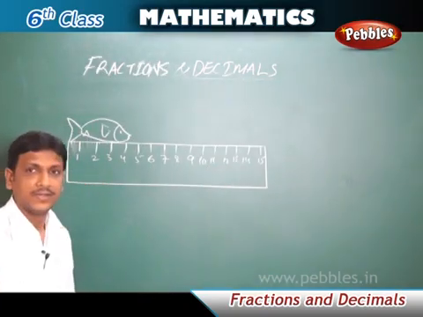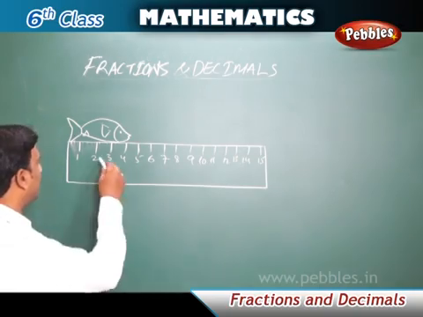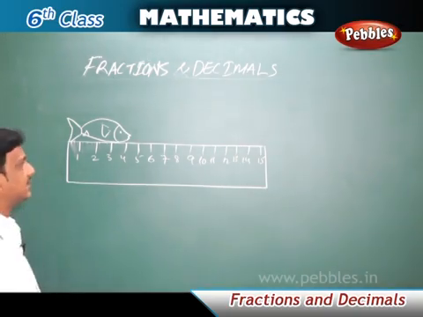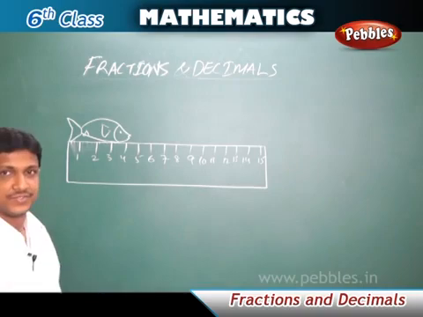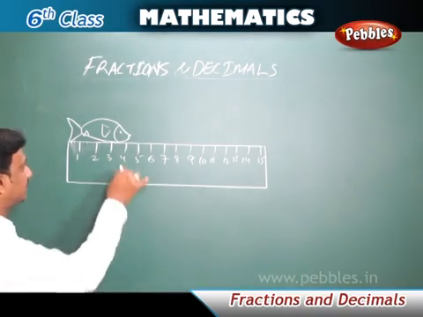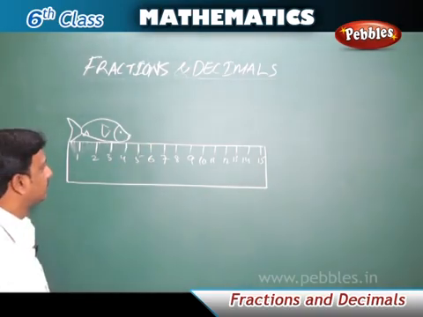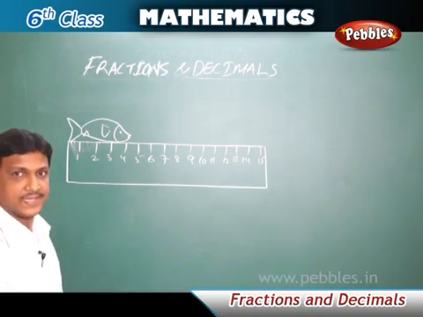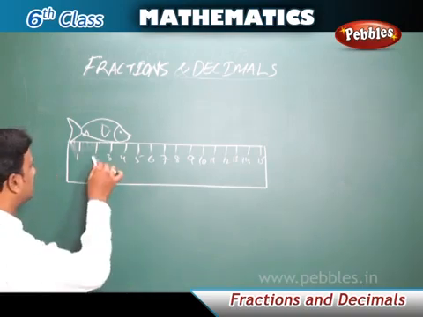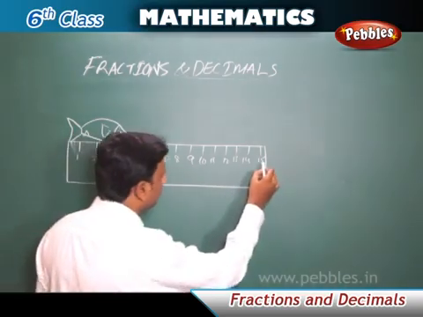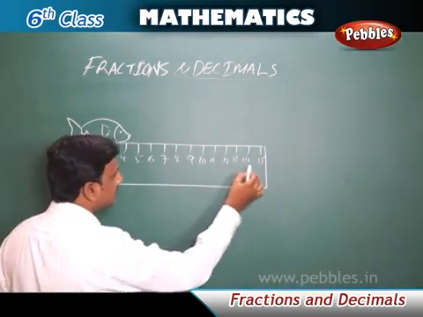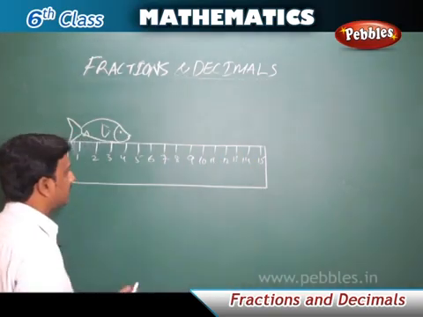Decimals. Let us understand decimals with the help of an example. See, here we have a fish. We would like to measure the length of the fish. So, we use a scale to measure the length of the fish. Here, this is a scale which has 15 centimeters graduated on it.